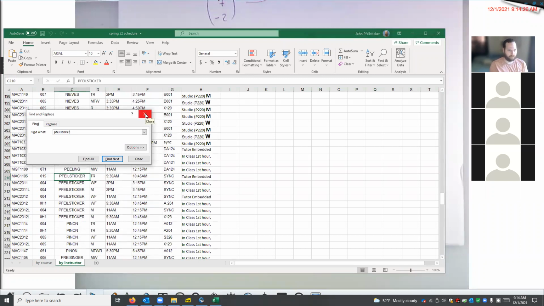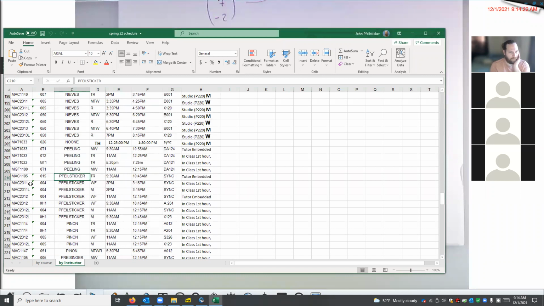Let's see here. So yeah, Monday, Wednesday, Friday, 2 to 3:15 is exactly correct. Yeah, and that's a sync class. That's a Zoom class like this one. Yep. Okay. The section number there, if you need it, is 004. That's the Calc 1 I'm doing in the spring.